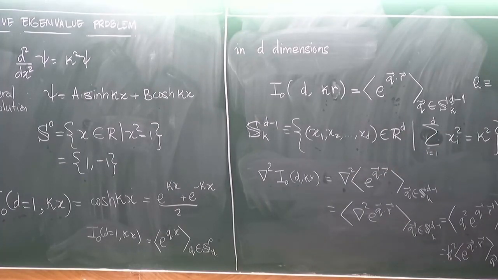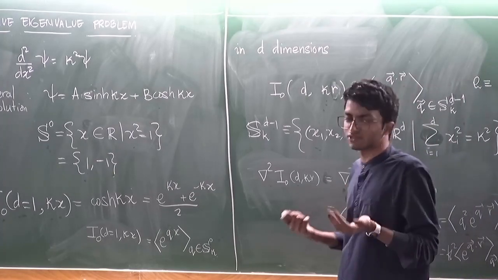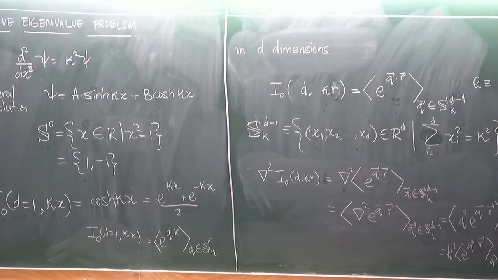Now, this is a bit abstract because I've written down these angle brackets and said you have to average over the sphere. Let me write this down a bit more explicitly. One dimension we have already done, so let me do d equal to 2. That also I just showed a bit.